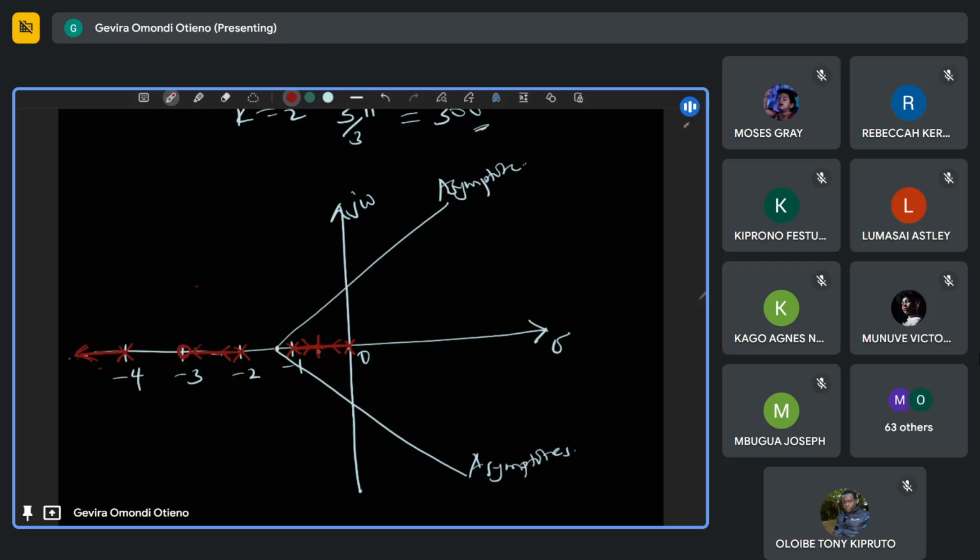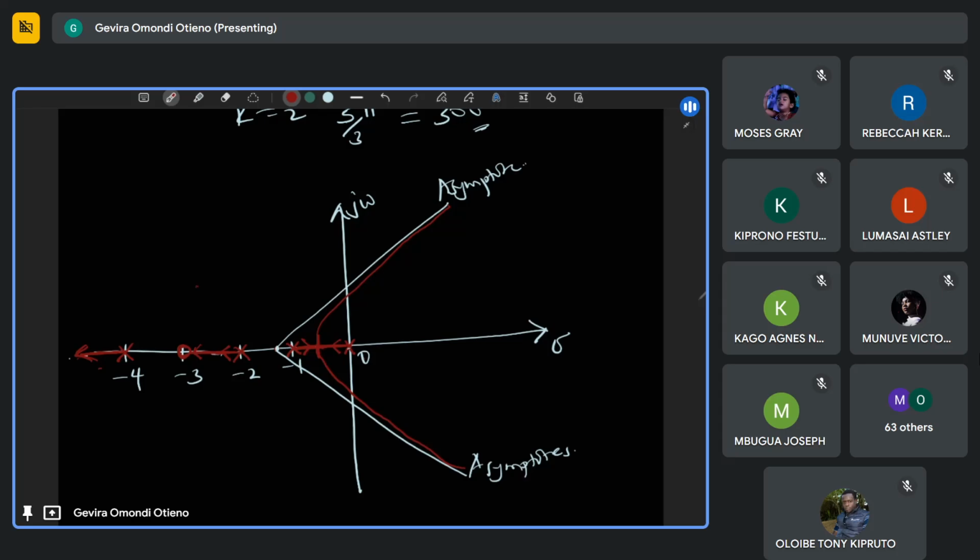One will leave and move in the general direction of the asymptote, but not touching. It will come as close as possible, but not touching. The other one also will leave, come as close as possible, but not touching. Okay? My drawing can be poor, please forgive that. But this is why you have computers to help you draw some of these things.